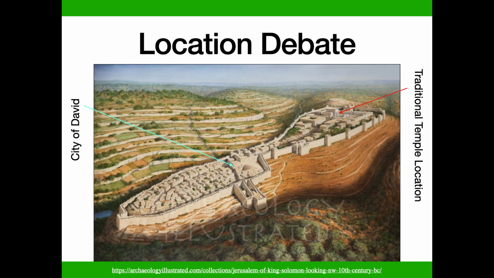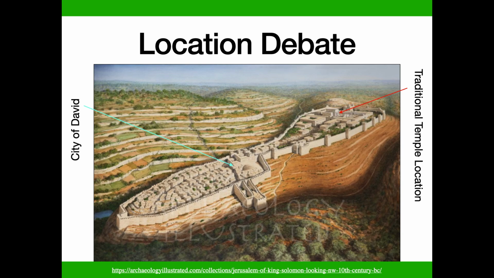Here's kind of a look at the actual city. It's a little bit easier to see. So the traditional temple location is up there, but the city of David is that lower part. So it's kind of in, like, two little, if you make two fists, it's in the lower fist down here. They're kind of like two little Vesica Pisces.